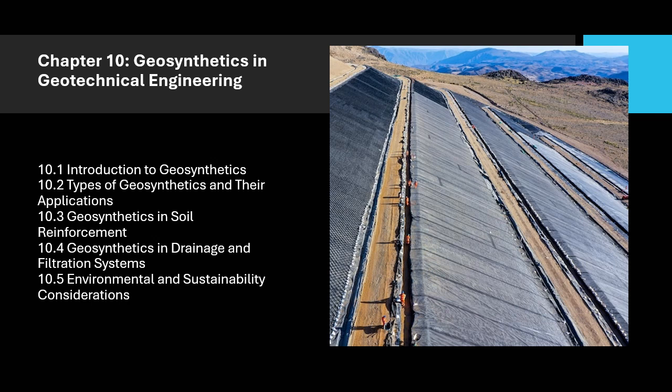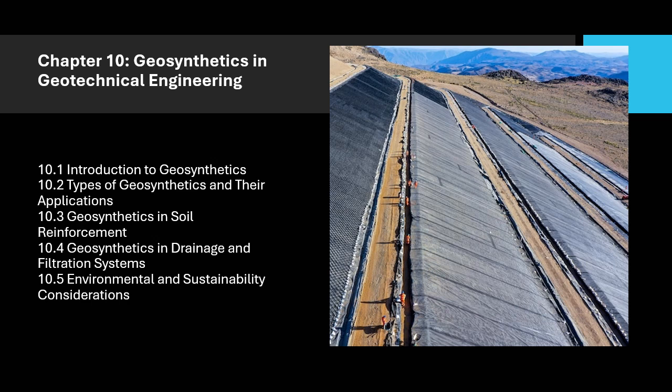Strength and stiffness. Geosynthetics, such as geogrids and geotextiles, are designed to provide strength and stiffness to weak soils. These materials improve soil stability by reinforcing the soil mass and distributing loads over a larger area.